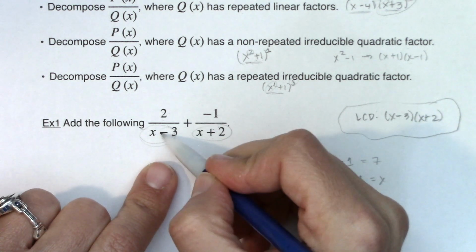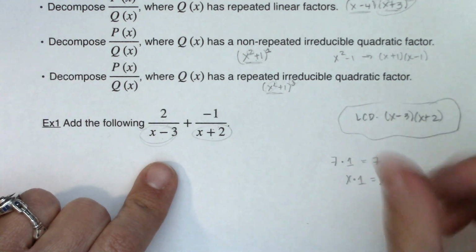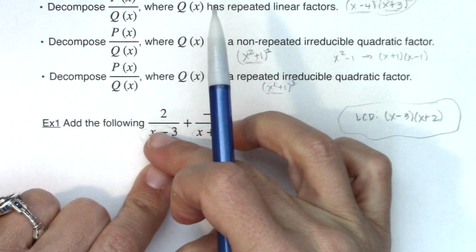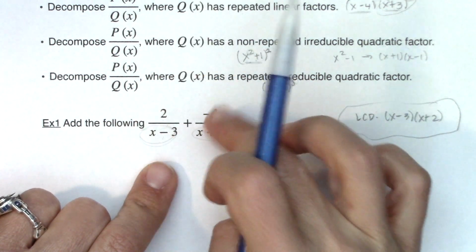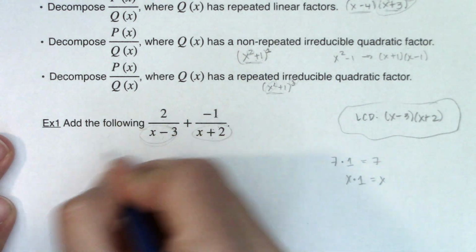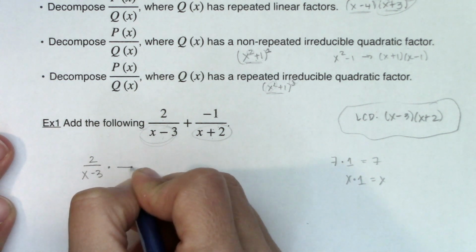So if I take 2 over x minus 3 and I multiply it by 1, I'm still going to get 2 over x minus 3. But what we're going to do is multiply this fraction by its unique version of 1, a special version of 1, and this fraction by a special version of 1. And here's how you decide. So you're going to take 2 over x minus 3, and I want to multiply it by a fraction.